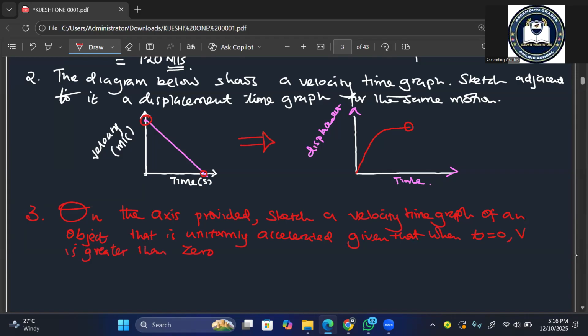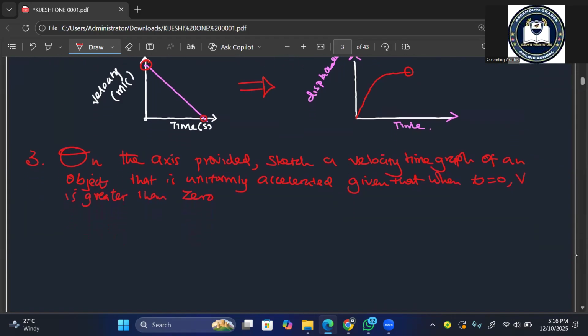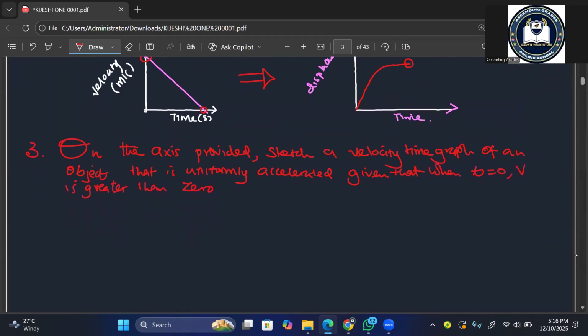So we shall have the axis here. So this is velocity, and we have time.